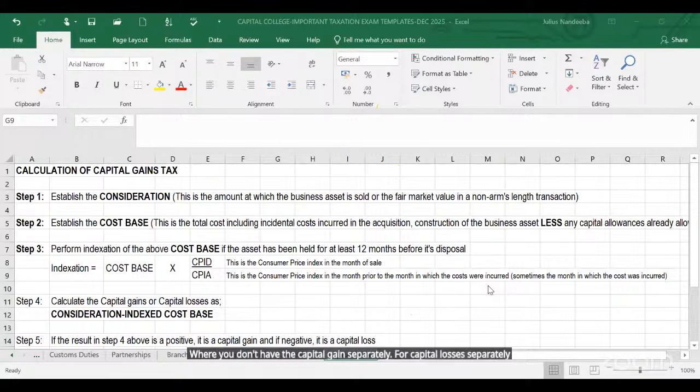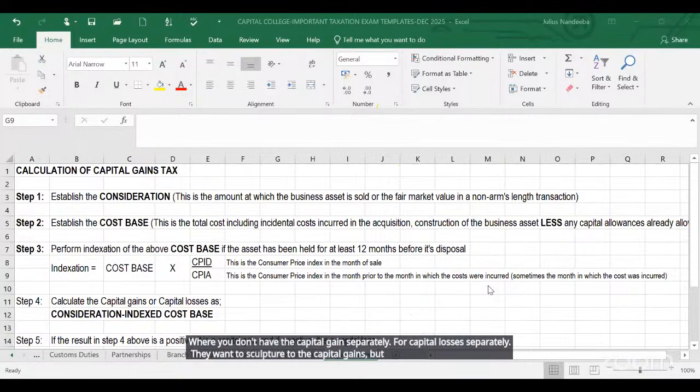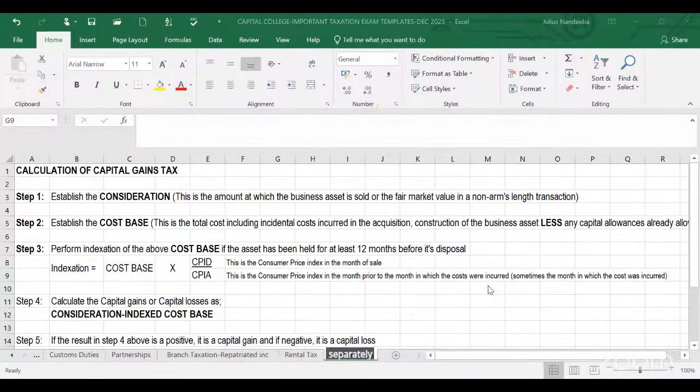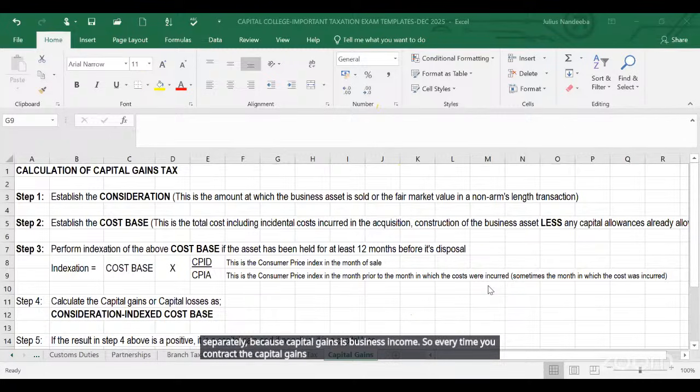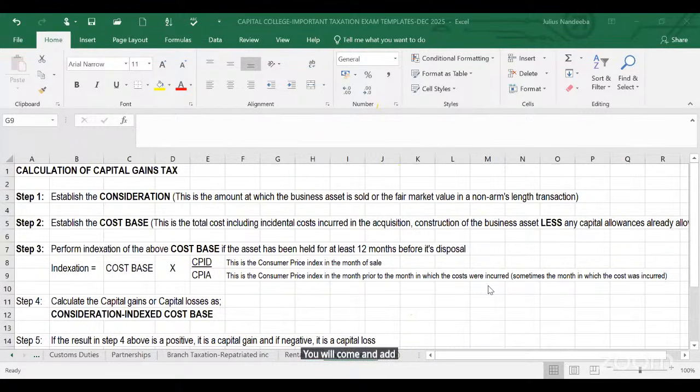They want you to calculate the capital gains, but don't tax it separately because capital gains is business income. So every time you calculate the capital gains, before you attach the tax, you will come and add it on chargeable income if you're dealing with number one on business income. If it is a loss, subtract it from chargeable income.